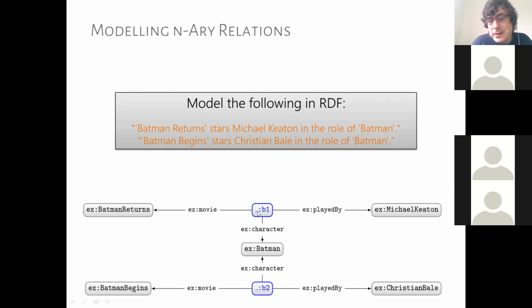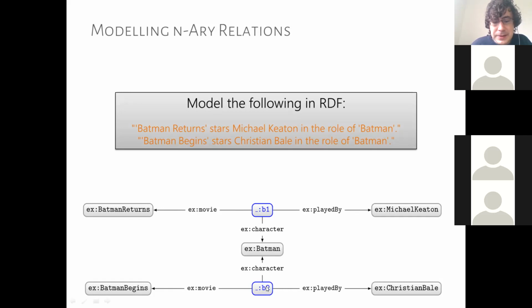In this case, I've used a blank node, which represents the participation of Michael Keaton in the movie Batman Returns. It's still an entity, just a more abstract kind of entity, like the participation of an actor in a movie. We could identify this with an IRI, say, example Michael Keaton in Batman Returns, but it's a little more convenient to just put a blank node there.